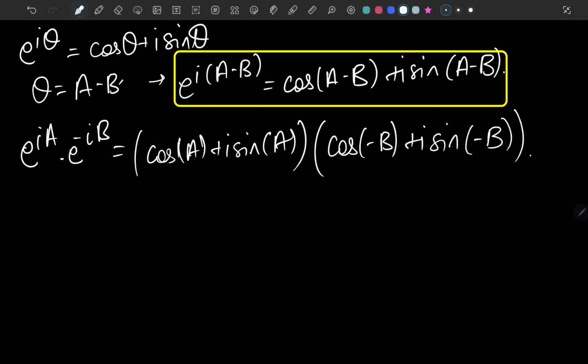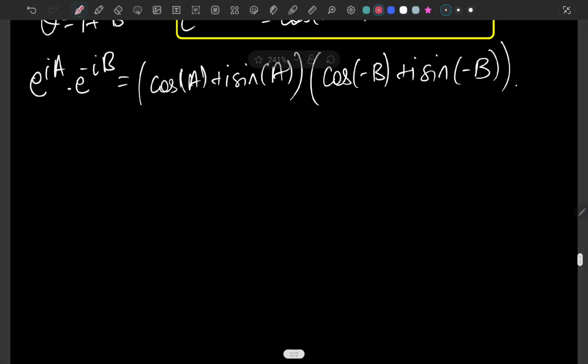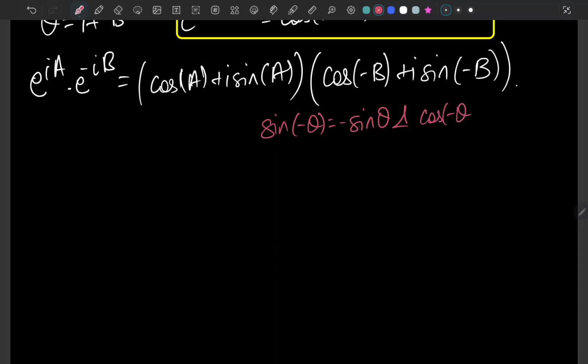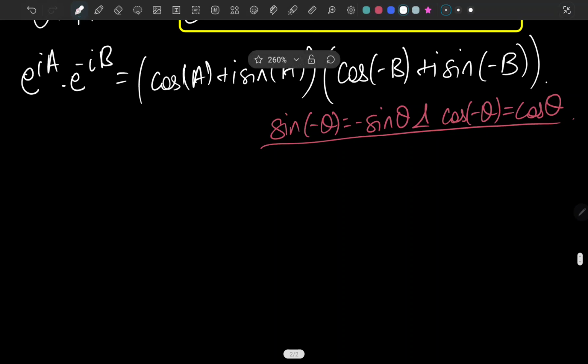Please be careful: sine of minus theta is minus sine of theta, and cosine of minus theta is just cosine theta. This is what we are going to use here.